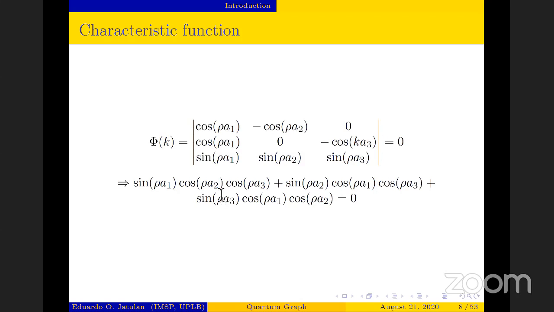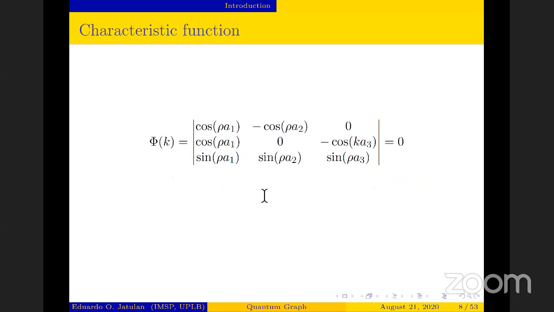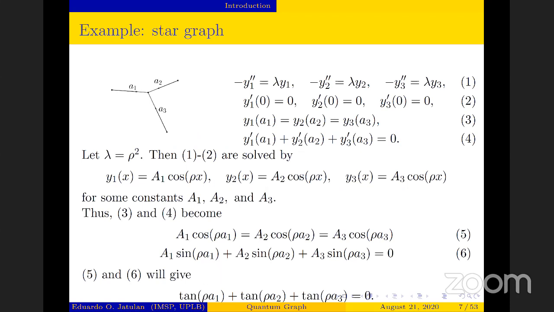This is more robust, but these are longer equations. But from here, we can also get our eigenvalue. Of course, in the previous one, we can explicitly solve for our lambda in the case that our lengths are all the same.